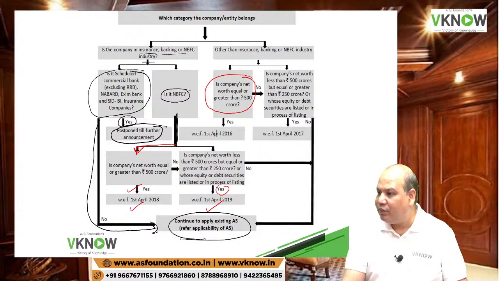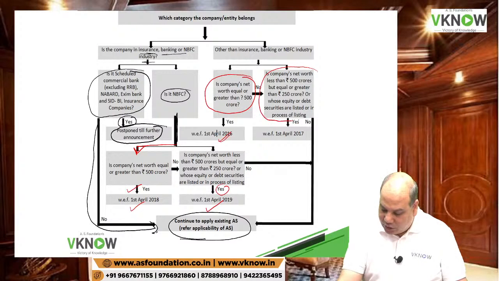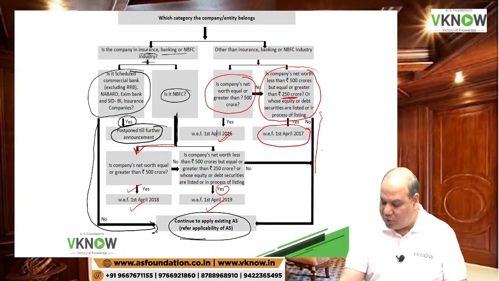If you exceeded 500 crore net worth, applicability will be from 1st April 2016. And then after that, now if you are either listed company or net worth is more than 250 crore, then from 1/4/17 all such companies will become Ind AS company.